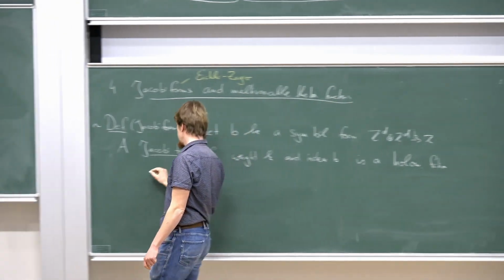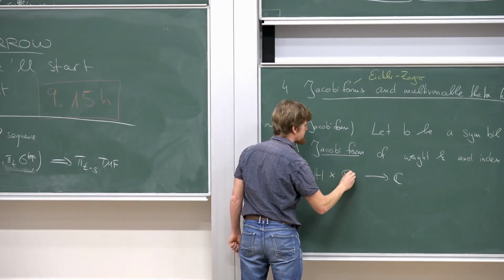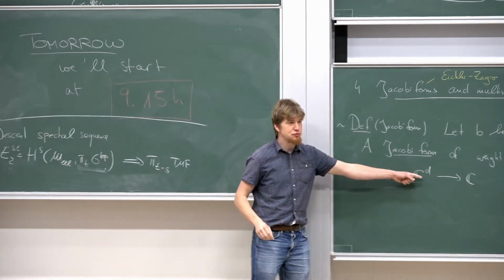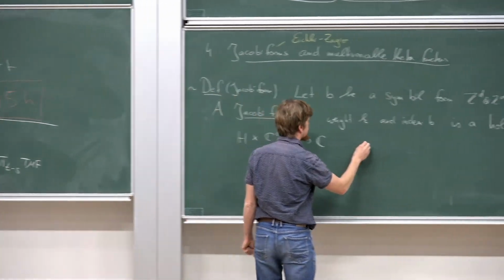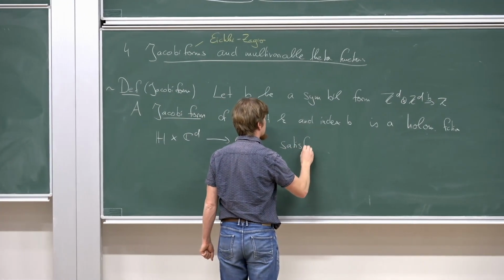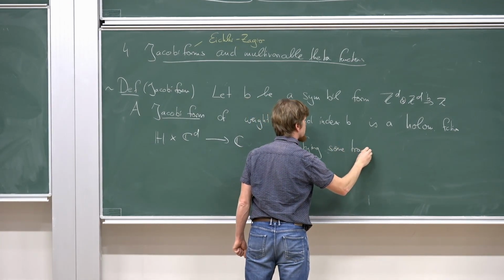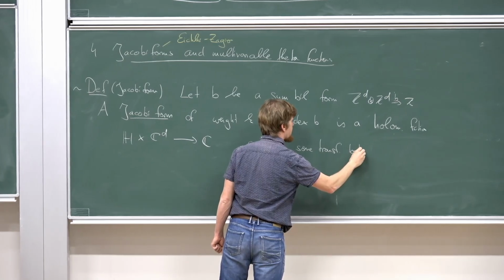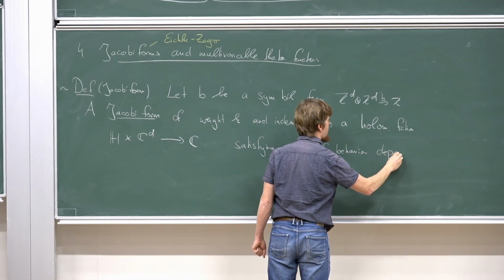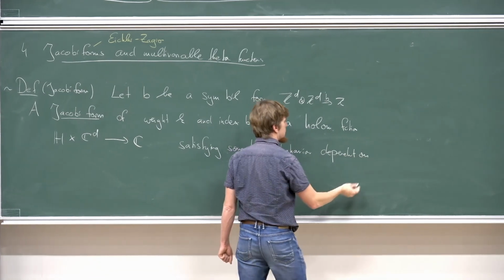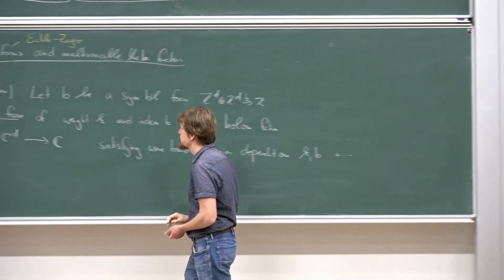It doesn't go from the upper half plane only to the complex numbers, but I have d extra variables, satisfying some transformation behavior dependent on K and B, and a little bit of extras.